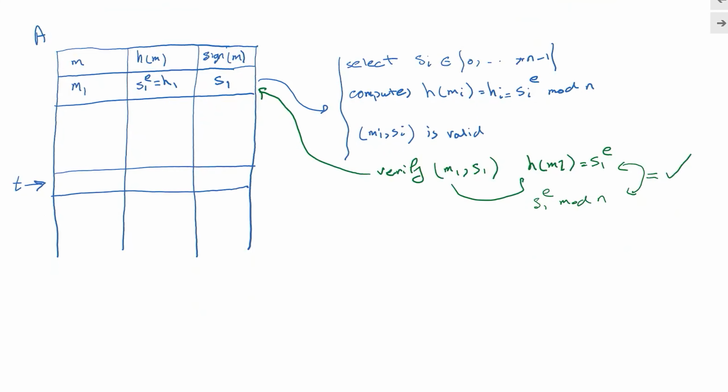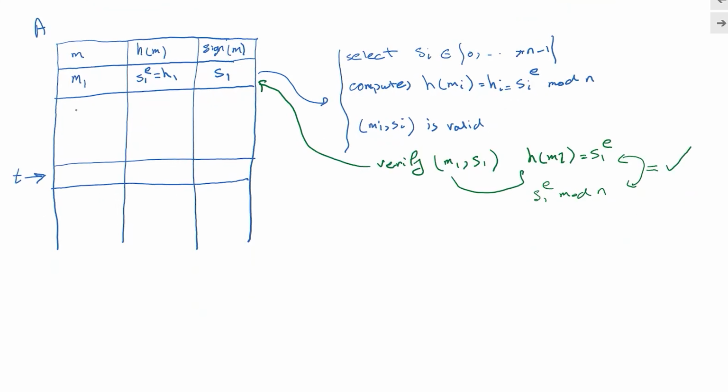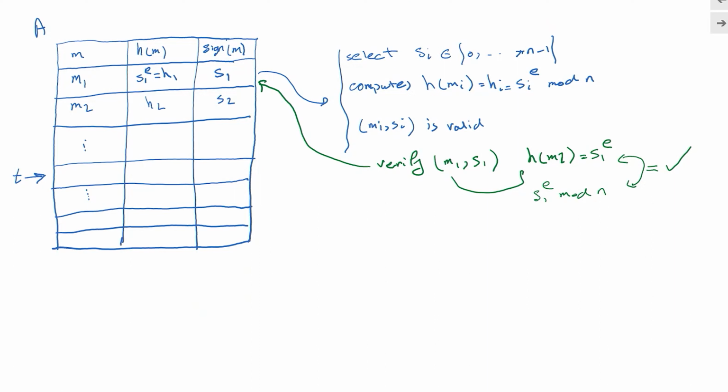So the truth is, the forger would ask for more queries. He would do M2, and we return him H2, and then we return him S2, and so on and so forth. He would do all this computation, and we would return all the queries that he asked for.